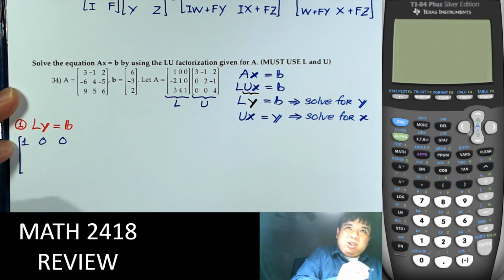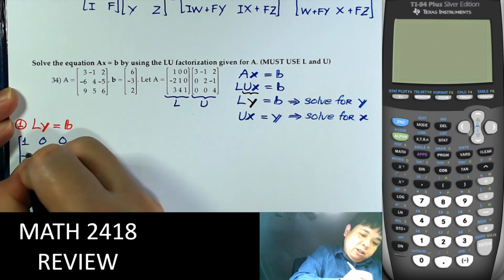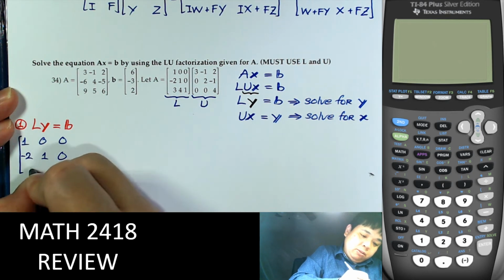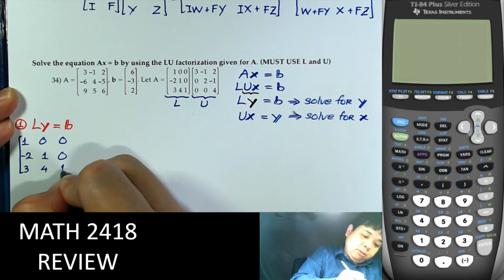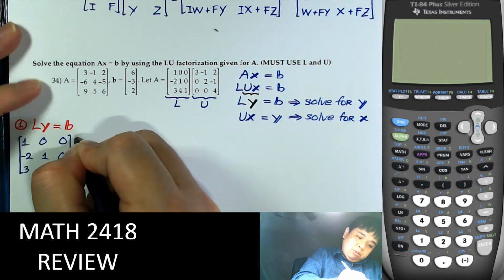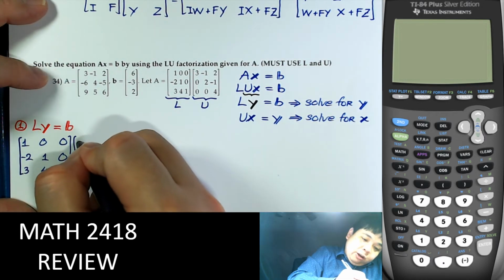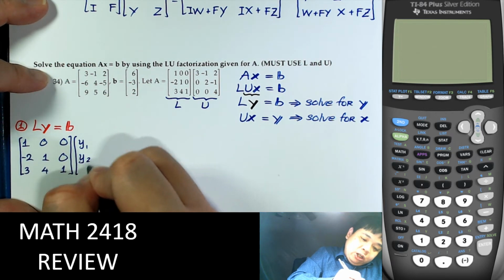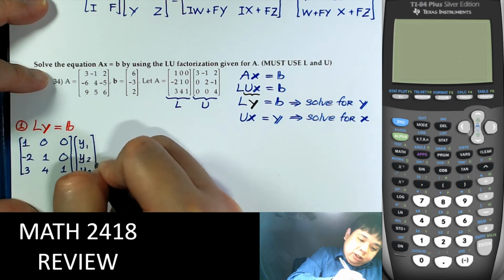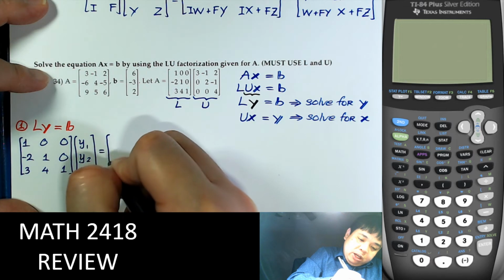Try to write small because this might take a lot of space. Times Y, which is Y1, Y2, Y3, equal to B.